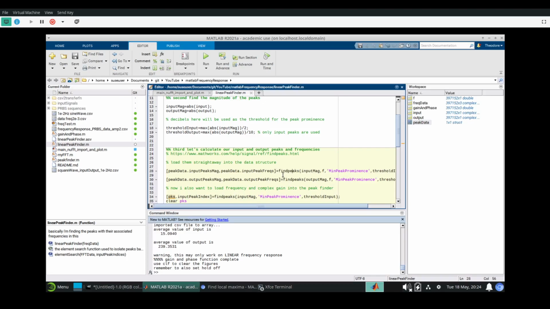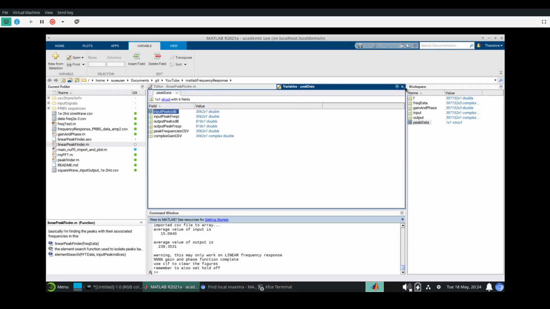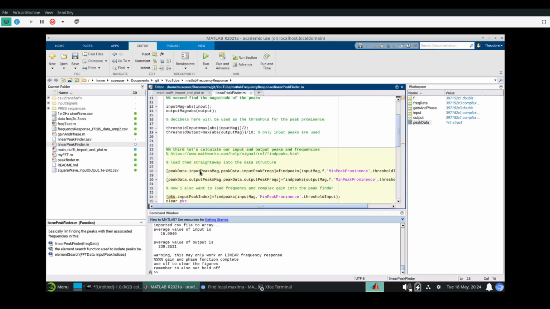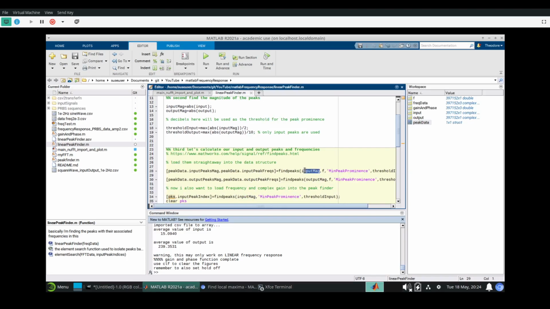You will have a vector of the input peak magnitude and the input peak frequencies. That will be find peaks of input magnitude. You supply a vector of the input magnitude and a vector of the frequencies, so you find peaks using these two vectors.